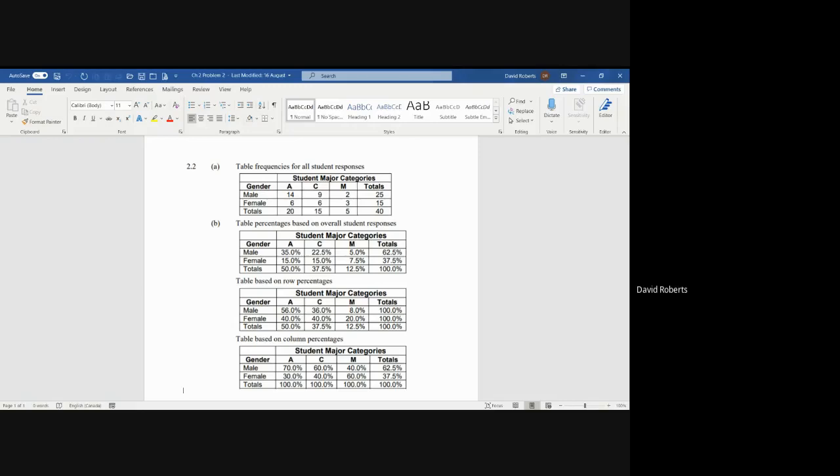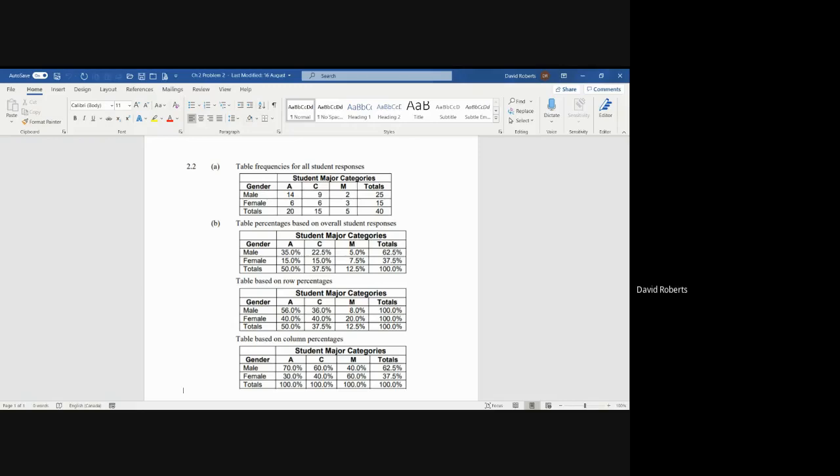Now, in this particular case, the second table says that it's broken down by row. So what we're doing is making each row 100%. Of the males, 56% take accounting, 36% take computers, and 8% take marketing.